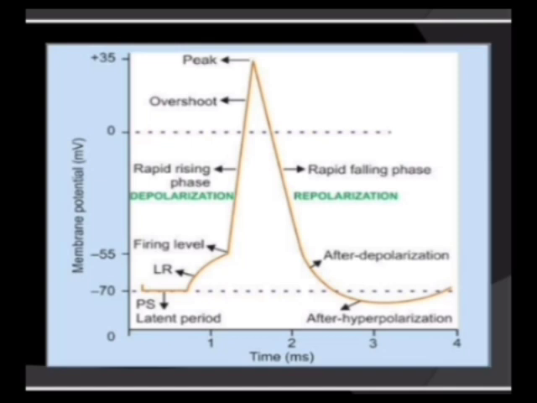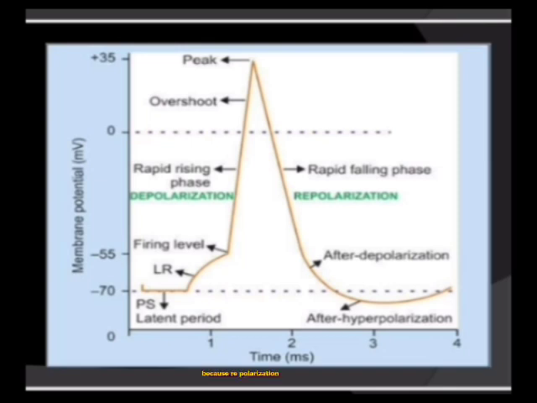So the next stage is hyperpolarization. Remember that as potassium ions are leaving the nerve cell to the exterior, the inside of the cell gradually becomes electronegative, while the outside gradually becomes electropositive.